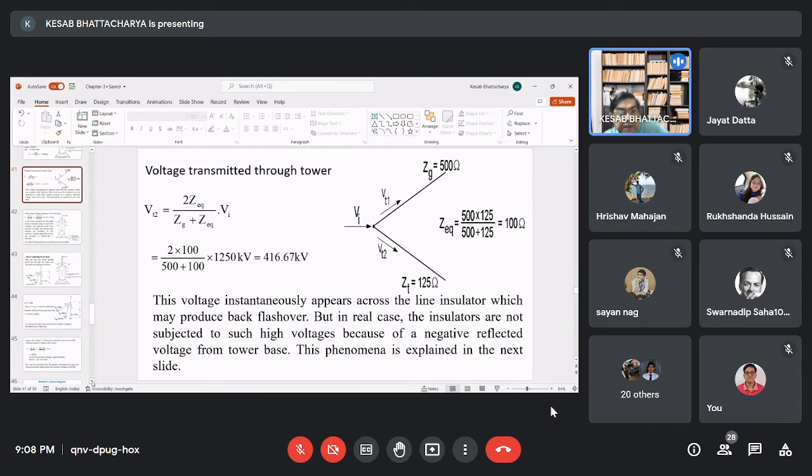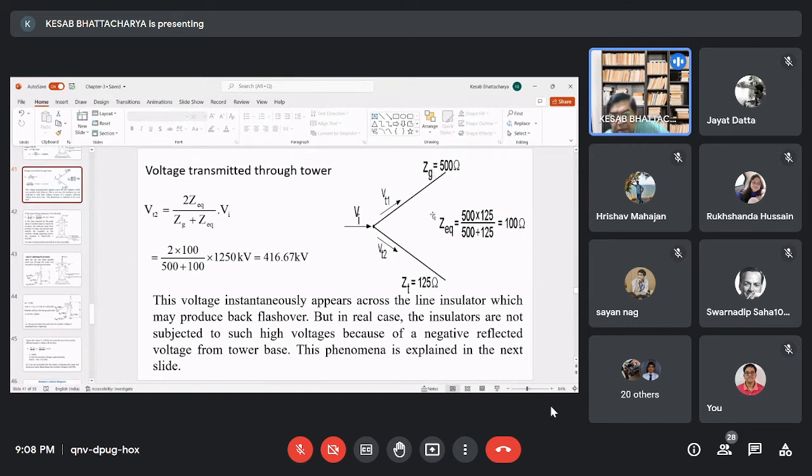Transmitted voltage is, we know, 2 into Z equivalent by ZZ plus Z equivalent, into VI. We have seen this in the case of fork lines. So what is Z equivalent that has been calculated here? 500 into 125 by 500 plus 125. These two are in parallel.